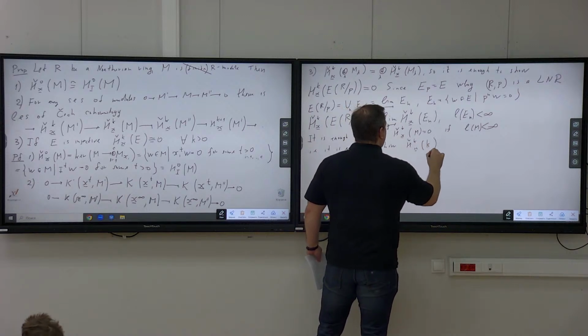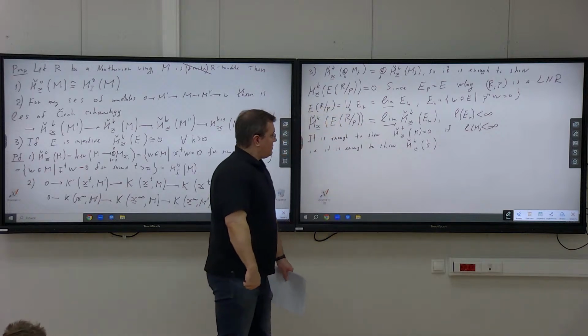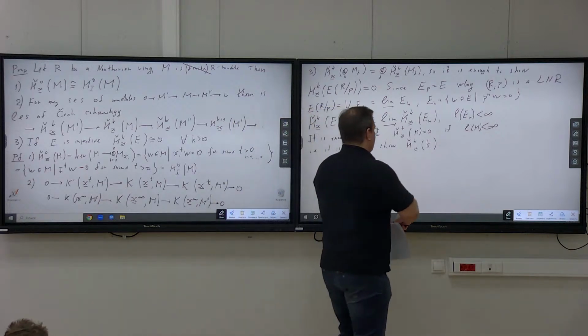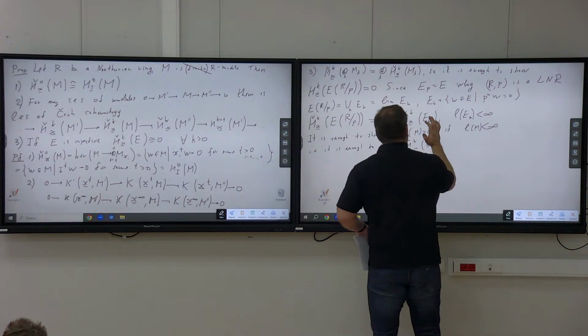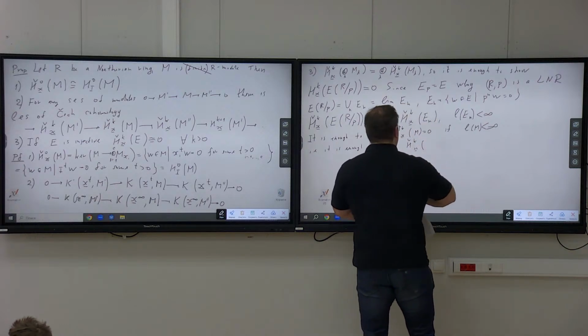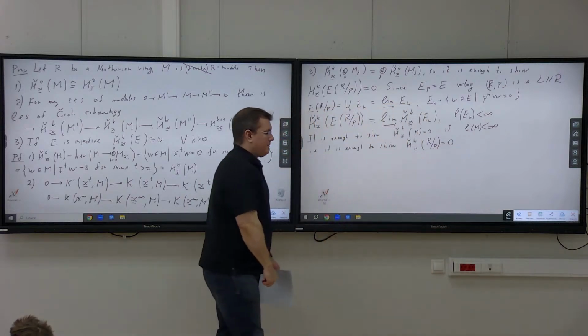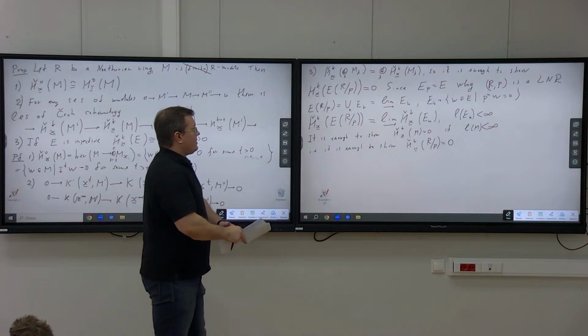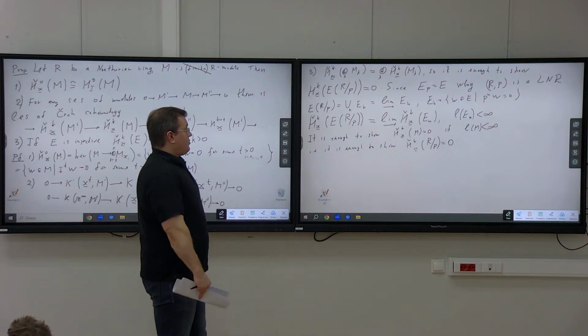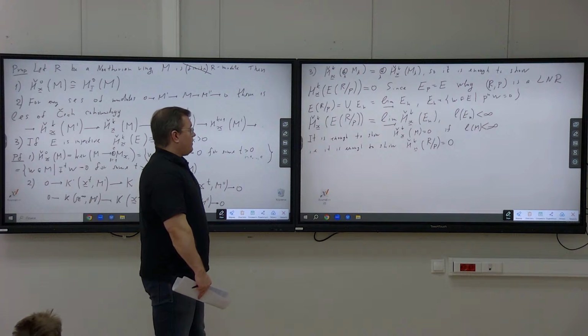I want to apply this to k, the residue field, maybe not to confuse with the index. Let me just write R modulo P. If you can show that this is true for R modulo P, then this will be true for any module of finite length.